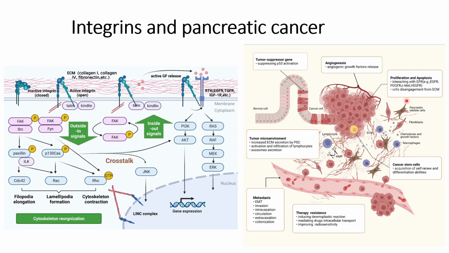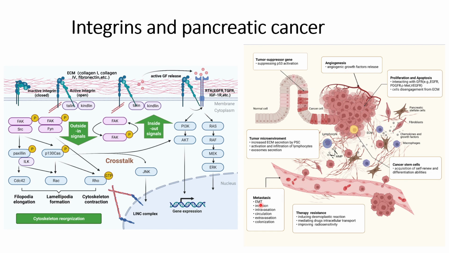Simultaneously, it helps in proliferation and metastasis, such as EMT transition, invasion, intravasation, circulation, stabilization, and colonization. So in every step of the metastasis, integrin beta 1 plays a role to support these pancreatic tumor cancers.